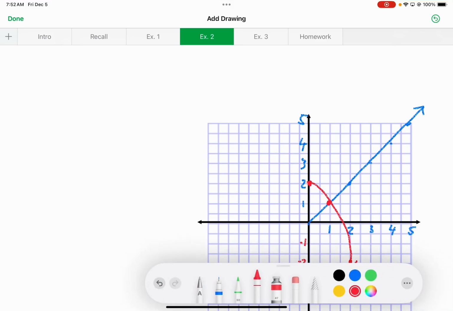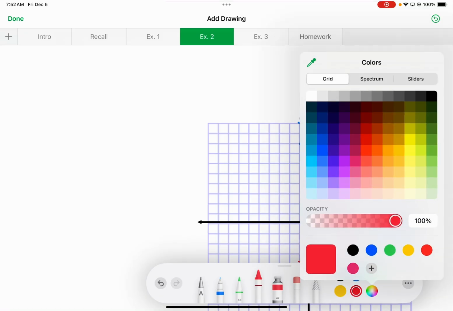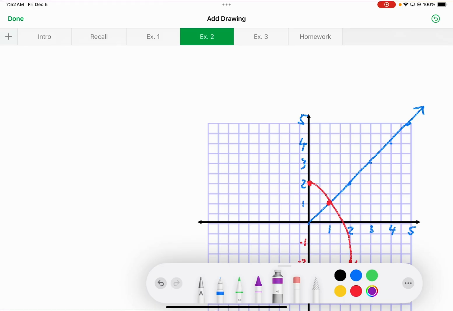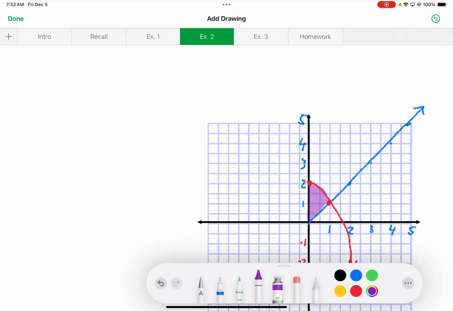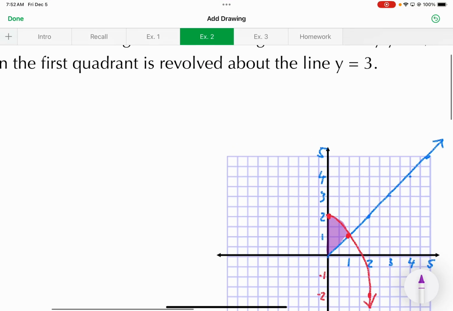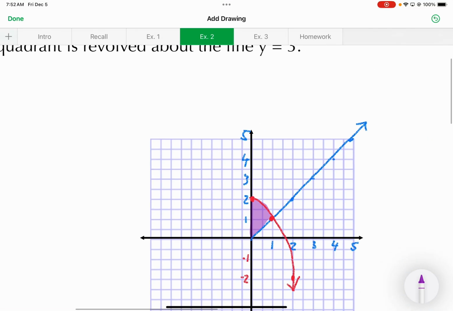Okay, so then the region that we want would be here. So we want to revolve that around the line, I think we said y equals 3. So here.